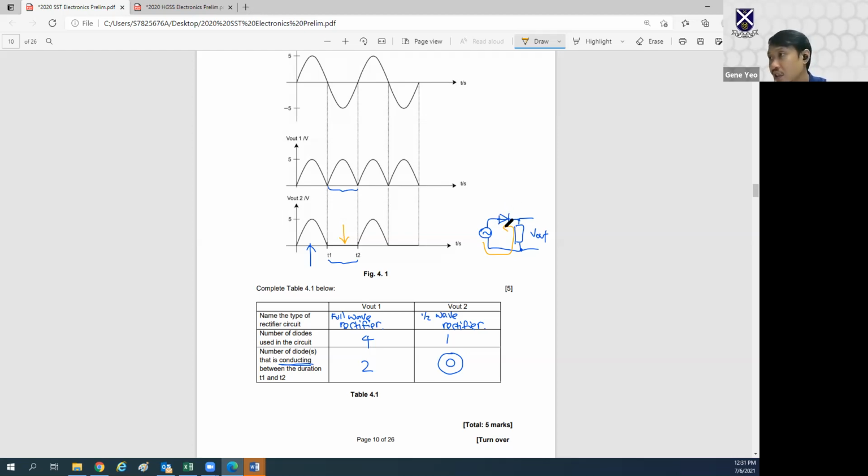If the diode is reverse bias, it means it is not conducting current through it. So at this point in time, no diode is conducting because there's no current going through it. In fact, it is stopping the current from going through it.